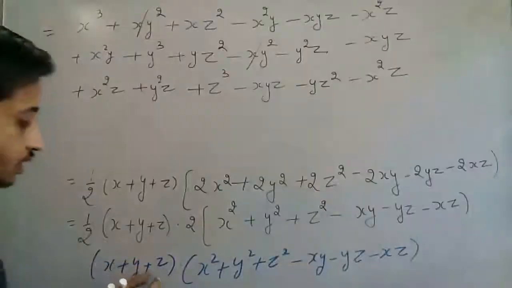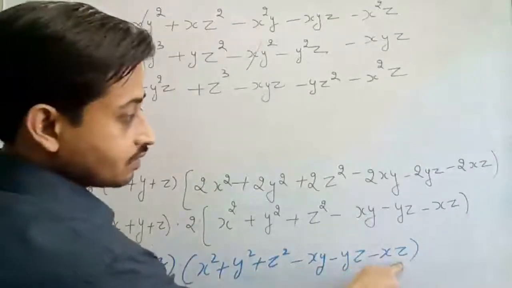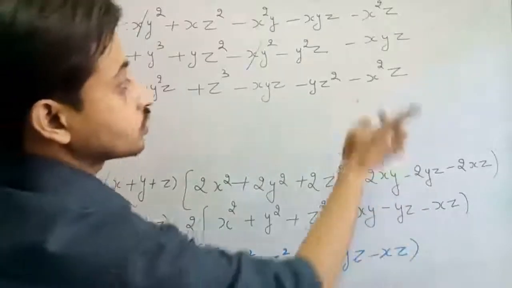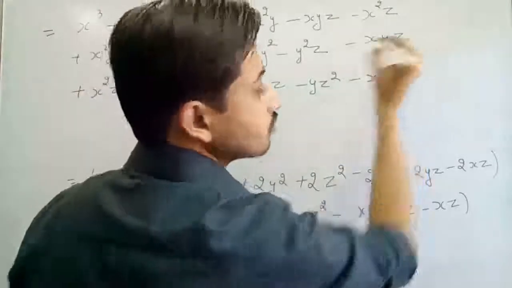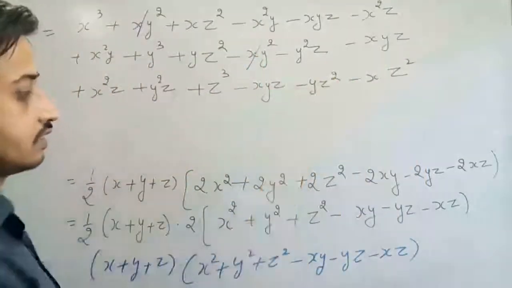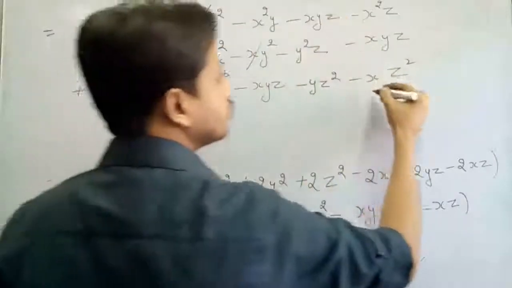We did a wrong sum here. Z into the last term is what? Z into minus xz, we get minus xz square, not x square z. So do correct here. So this is cut with this term.